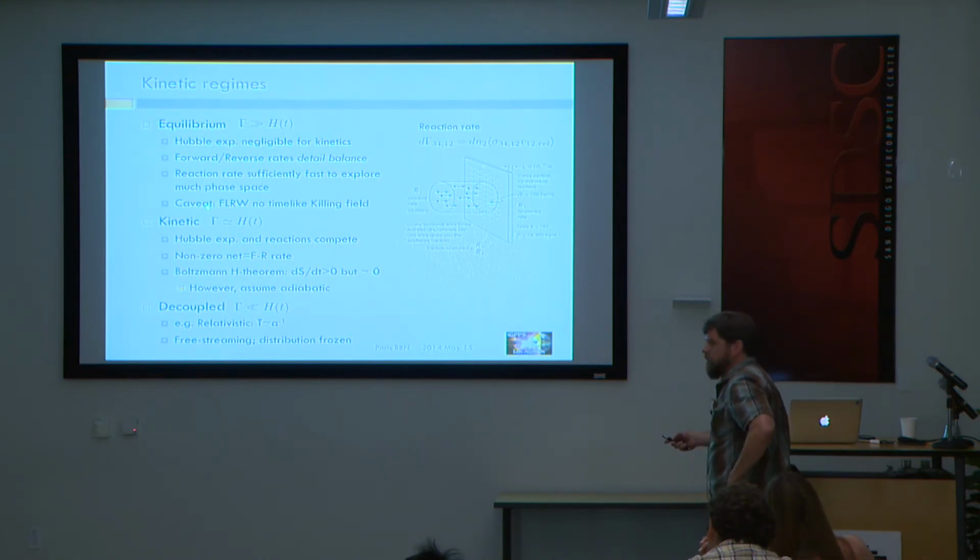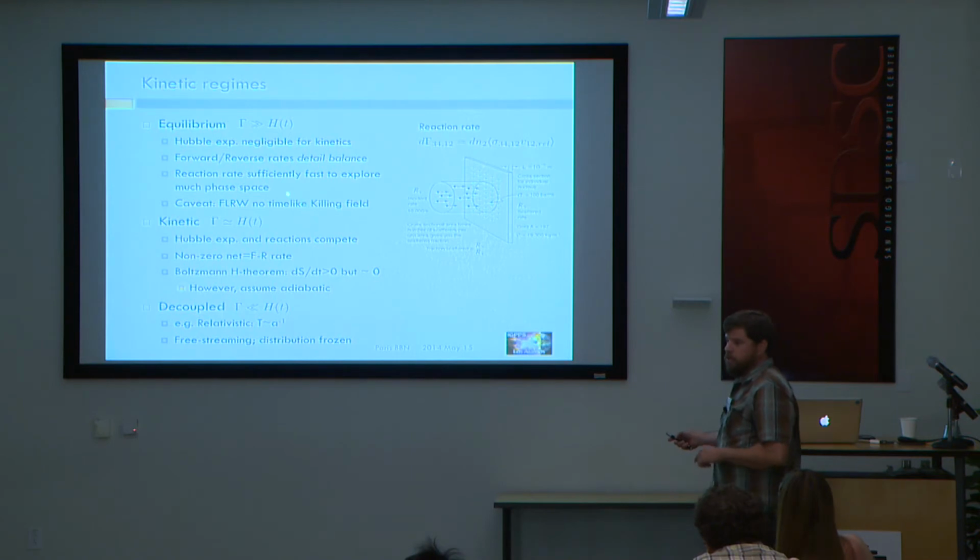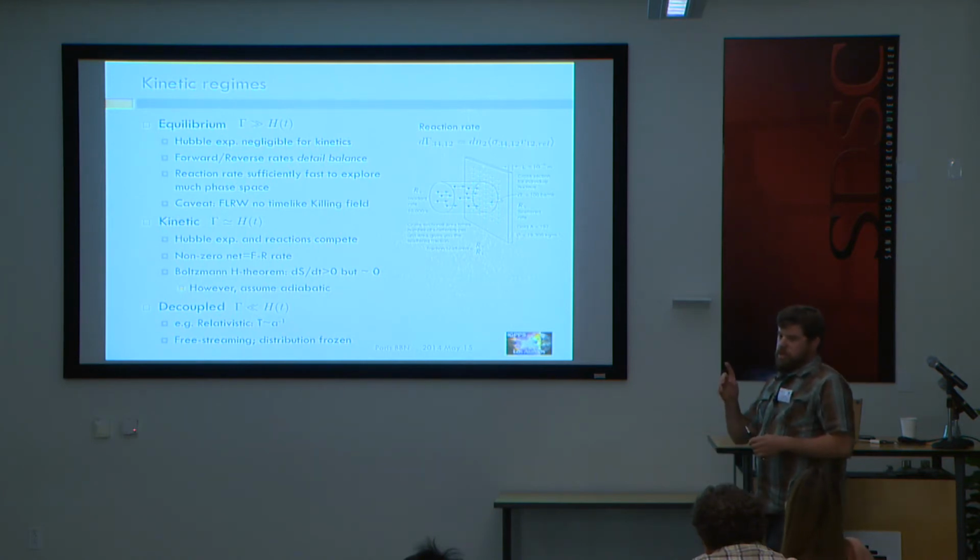There's a caveat here. It's sort of a technical point because it doesn't matter often in practice. But you should be aware that in the FLRW metric, there is no time-like spatially constant Killing field. The Killing field generates isometries of the metric. A time-like isometry means that, I'm just sitting here, I'm moving on a time-like curve. As the universe evolves, the metric changes.